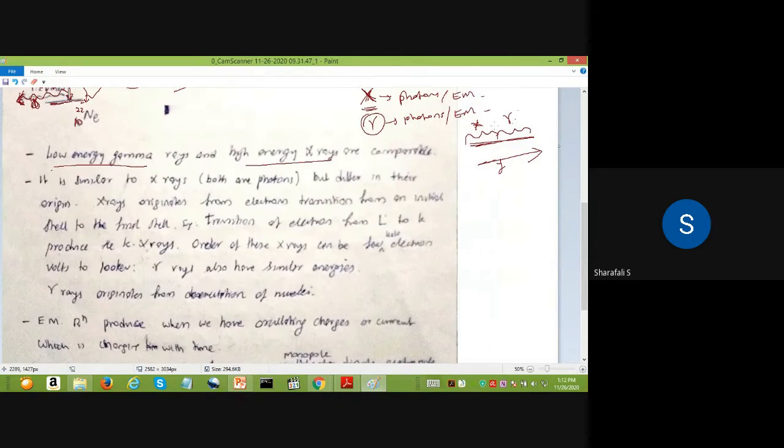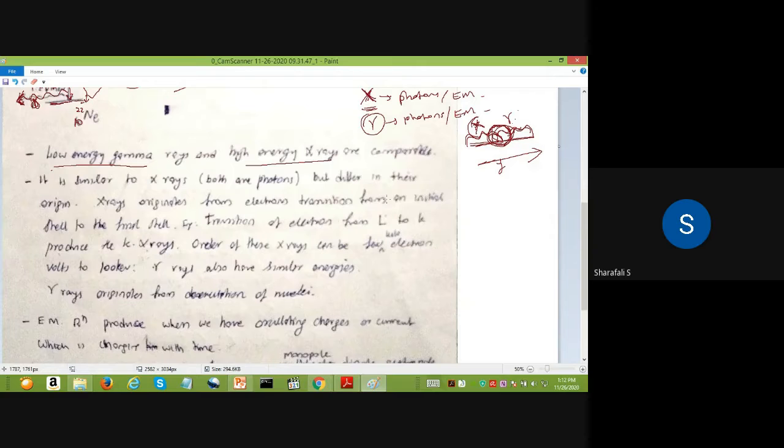So higher frequency X-rays and lower frequency gamma radiations are comparable. This is the X-ray radiation range, this is the gamma radiation range. At this particular point, higher energy X-rays are comparable with the gamma radiation.